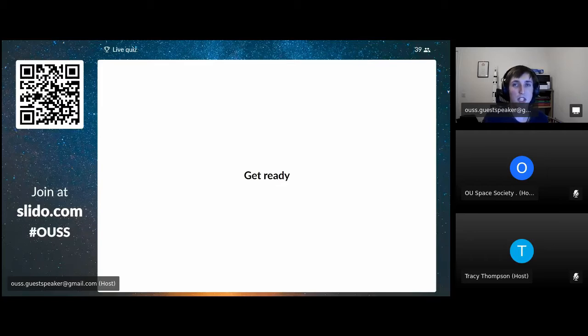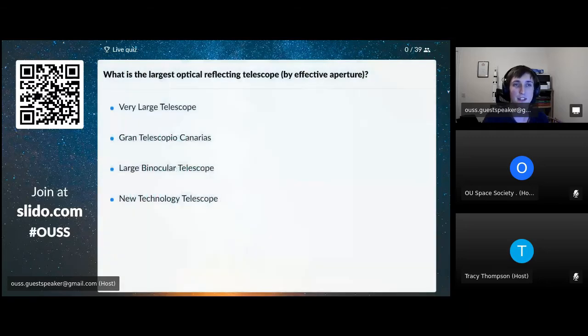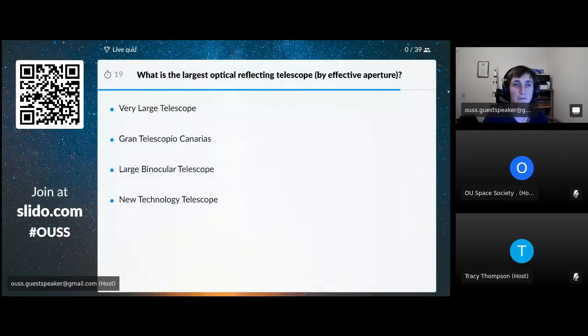What I'm going to ask is, what is the largest optical reflecting telescope by effective aperture size, by effective mirror size? I maybe should have given people more time than 20 seconds, but tough luck.